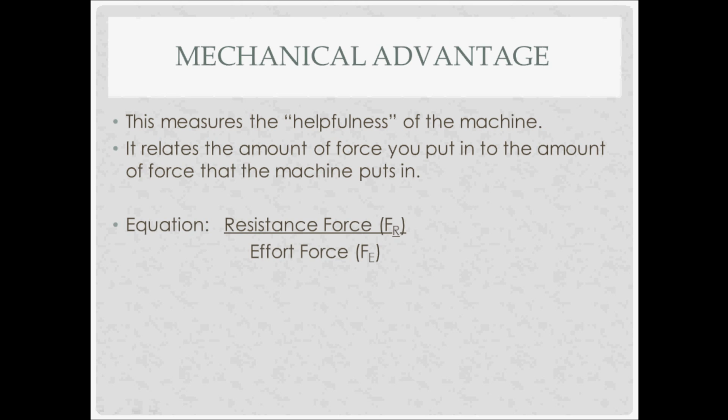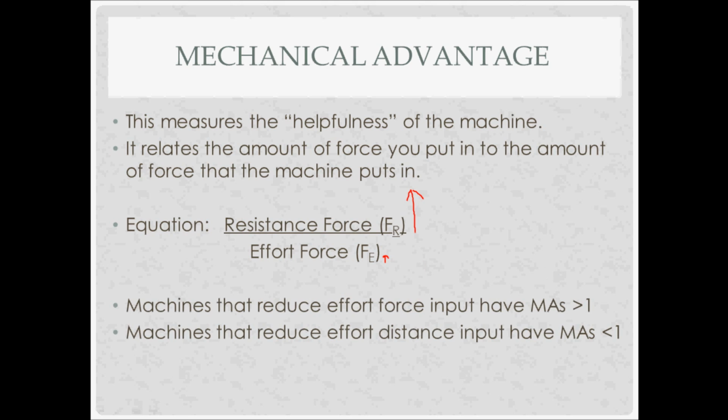Okay? So the equation for mechanical advantage is your resistance force, so the force that the machine does, divided by your effort force. Okay? So in order for a machine to be helpful, you want this on the top to be a big number. You want your resistance force to be high because you want the machine to be doing all the force. And you want your effort force to be small. Okay?